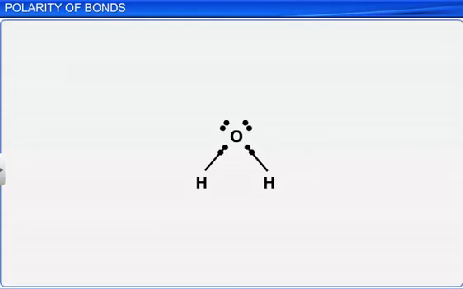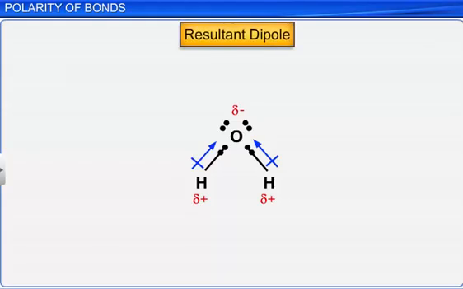So, the oxygen atom gets a partial negative charge, while hydrogen gets a partial positive charge. The bond dipole lies towards the oxygen atom. The net dipole moment is the resultant of the two bond dipoles of oxygen-hydrogen bonds. The net dipole moment, mu, in water is 1.85 D.